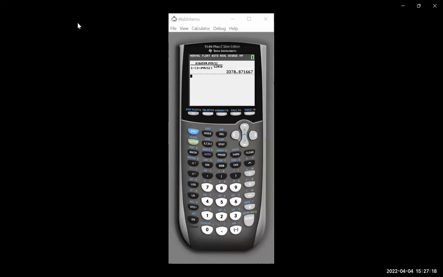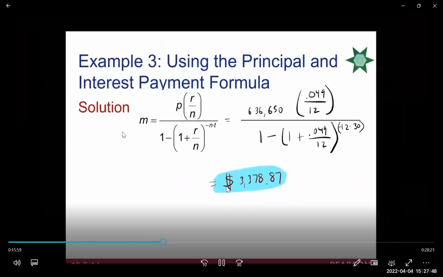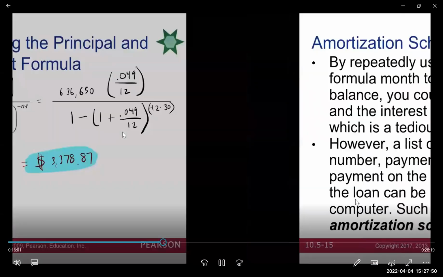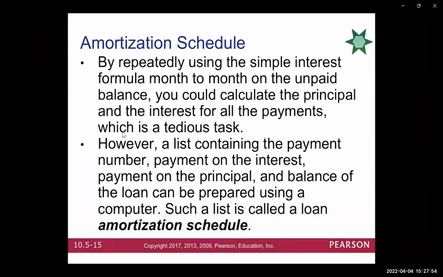All right, so that is that. Let's go back to our notes. And then it'll do all this for you. You don't have to worry about the formula, but now you know what's going on behind the scenes. This is the formula that they use. By repeatedly using the simple interest formula month to month on unpaid balance, you could calculate the principal and the interest for all the payments, which is a tedious task. Remember the simple interest formula?